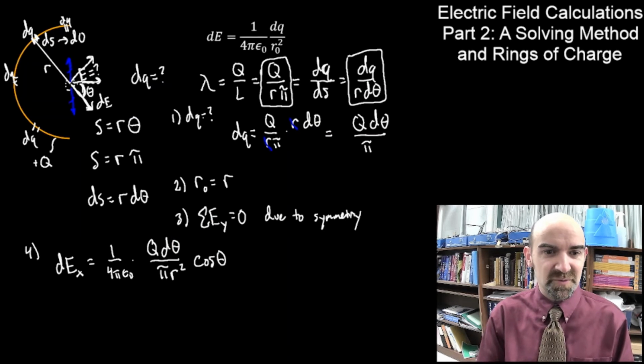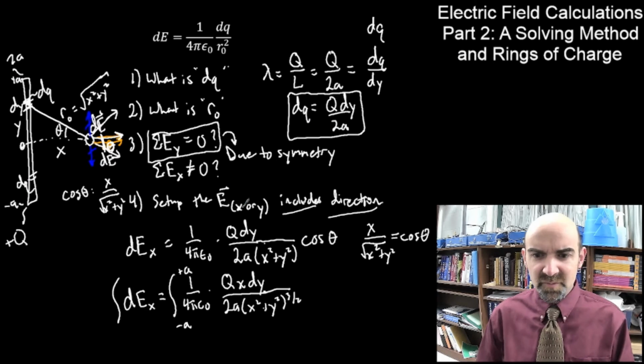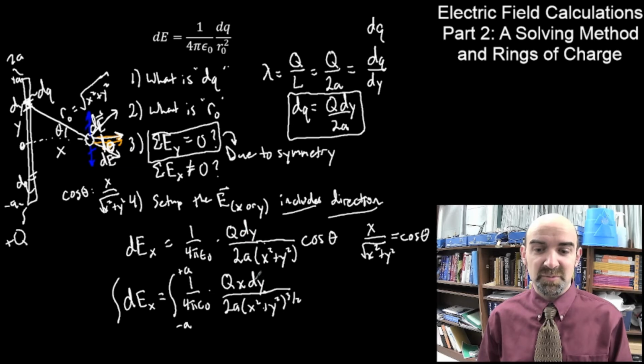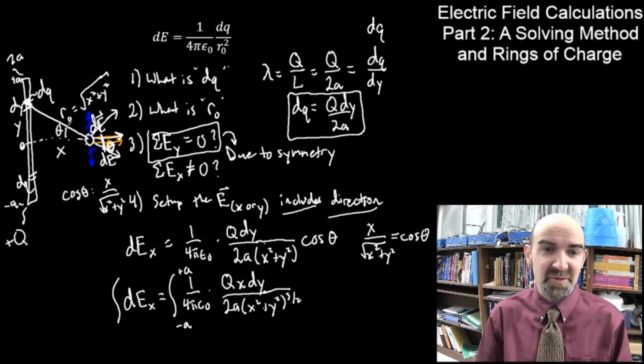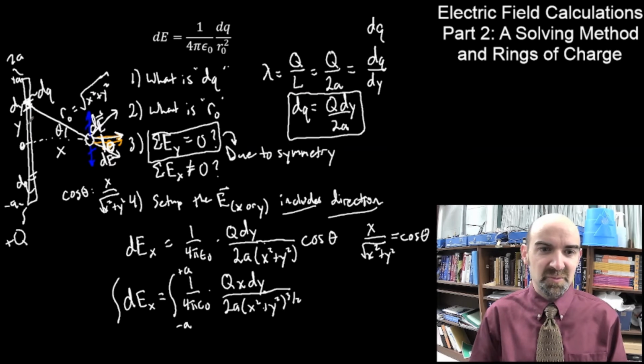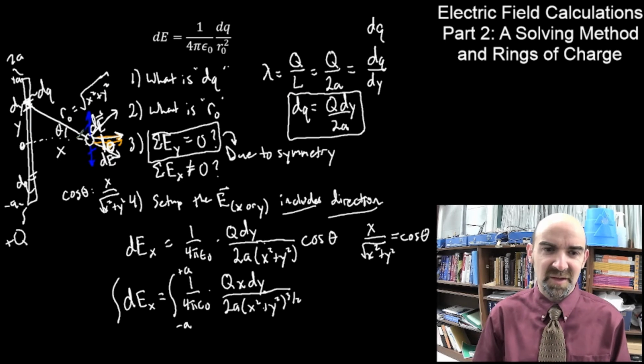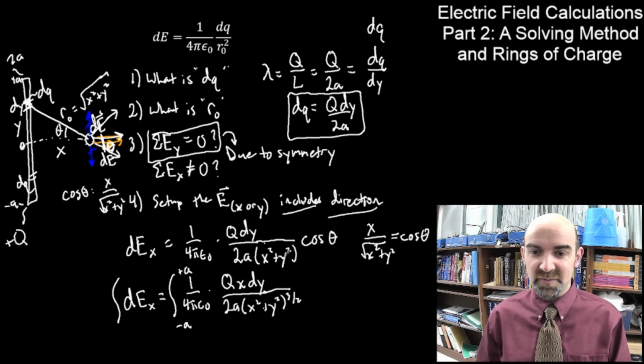Before, our integral was in terms of dy, so I needed theta in terms of the y value, and I had to substitute x over the square root of x squared plus y squared to get y involved in the integration.